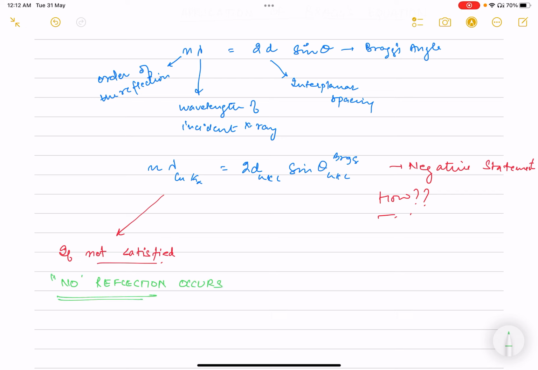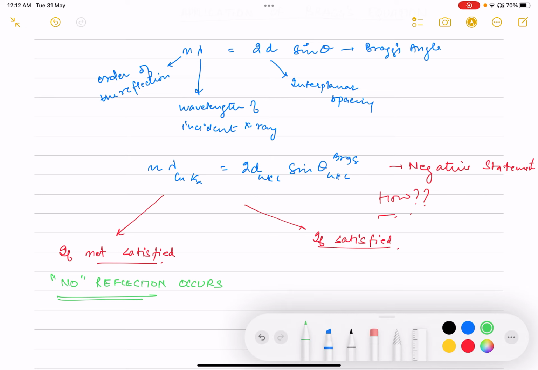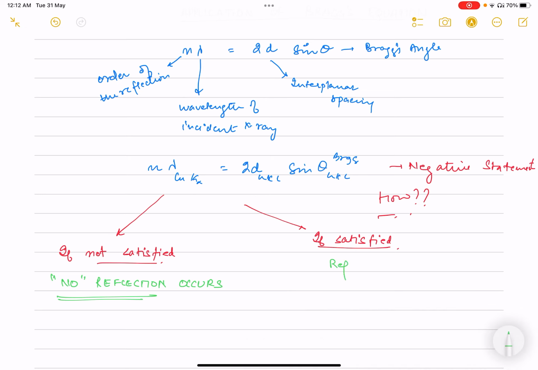But if it is satisfied, reflection may occur. It is not necessary the reflection will occur. It may or may not occur. This is to be noted. So we see that interplanar spacing occurs in the Bragg's equation, but the interatomic spacing is not there.